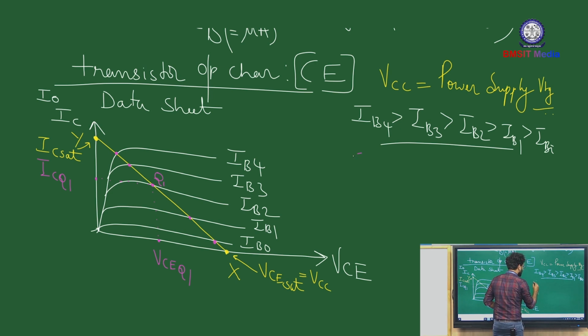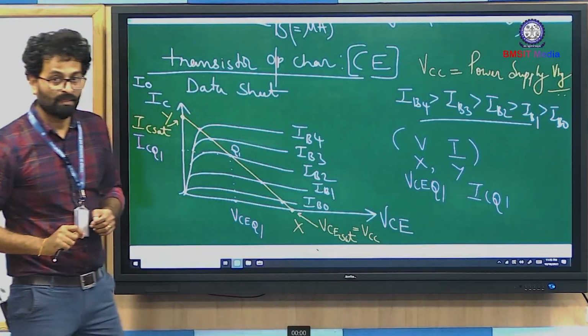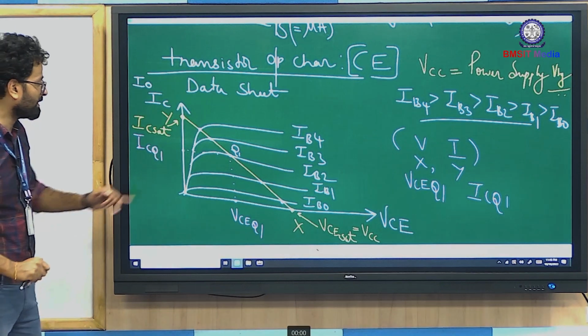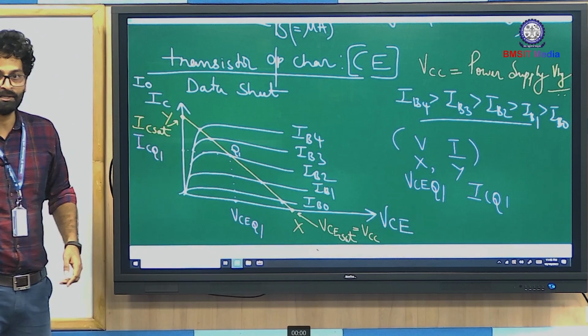In the beginning, what did I mention? Operating point is nothing but a voltage and current value, so x comma y. What is your x in this particular example? x is VCEQ1 and y is ICQ1. So we have identified an operating point at the center of the load line, and that operating point we have considered as Q1.